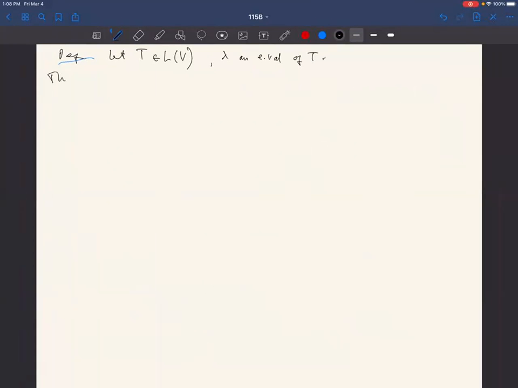Then the generalized eigenspace of T corresponding to lambda is going to be the set of all vectors, and we are going to denote it as K subscript lambda. Remember, for eigenvectors, we used E subscript lambda.